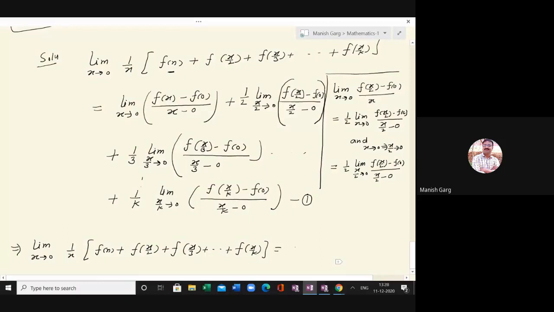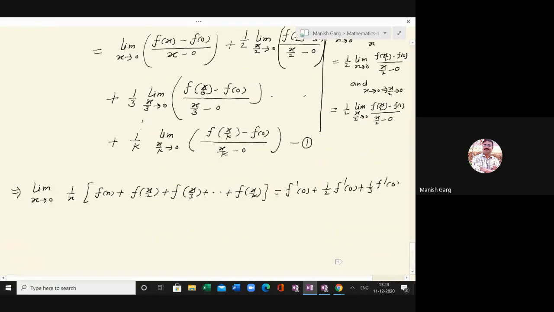Can I write this: first is f dash 0, second is 1 by 2 f dash 0, 1 by 3 f dash 0, plus 1 by k f dash 0, and the value of f dash 0 is given as 1. So 1 plus 1 by 2, 1 by 3, up to 1 by k. So this is the answer.